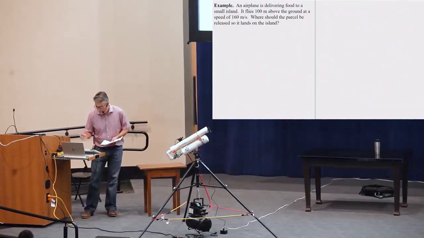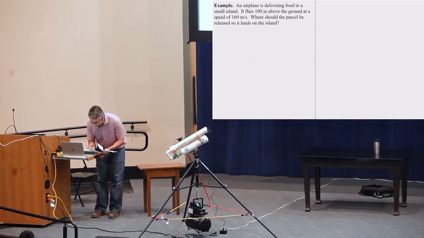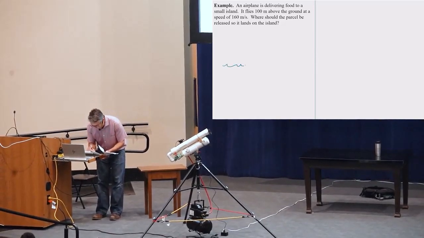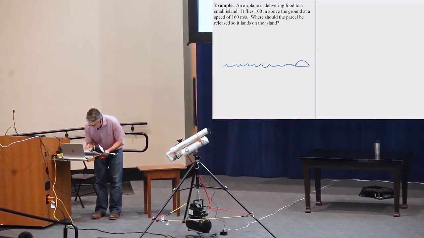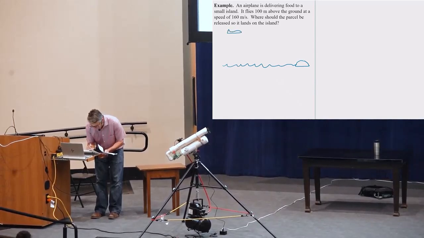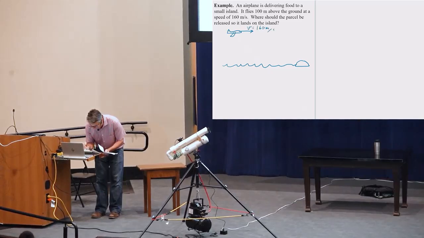Okay. An airplane is delivering food to a small island. It flies 100 meters above the ground at a speed of 160 meters per second. So what you've got is the water and an island, and I think there's an airplane up here, which is going along. And it's got some speed. v is 160 meters per second.